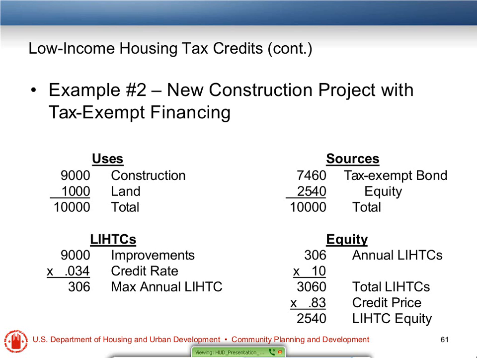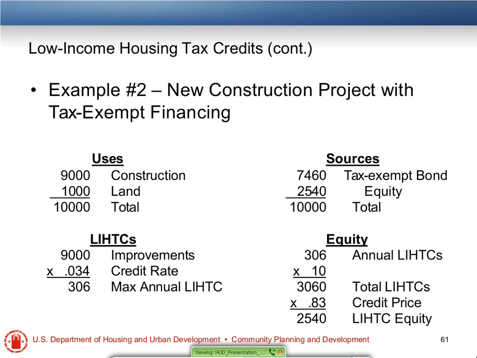It's going to subsidize a much smaller percentage of the project than the 9% credit, but there are some reasons why a project might decide to use the 4% tax credits on a tax-exempt bond rather than a 9%. 9% credits tend to be very competitive, and the tax-exempt bonds tend not to be nearly as competitive.